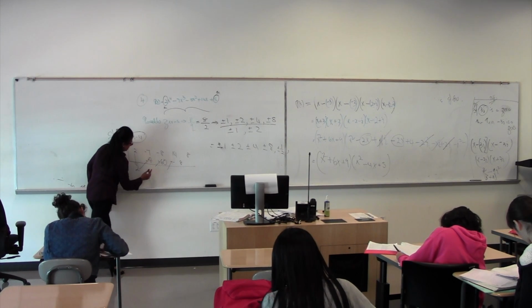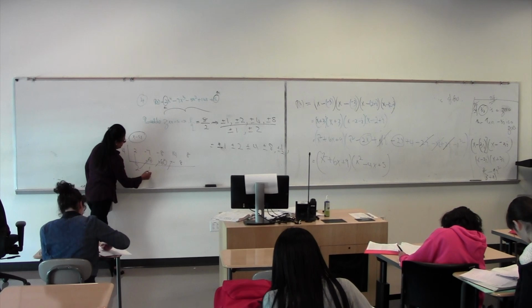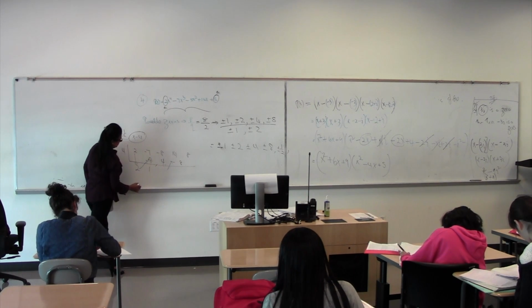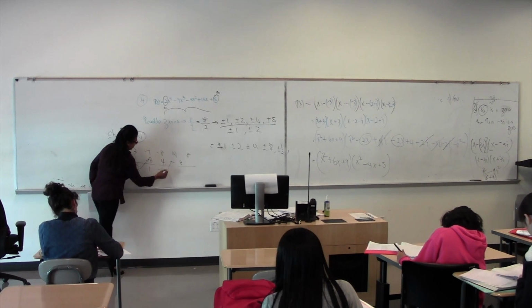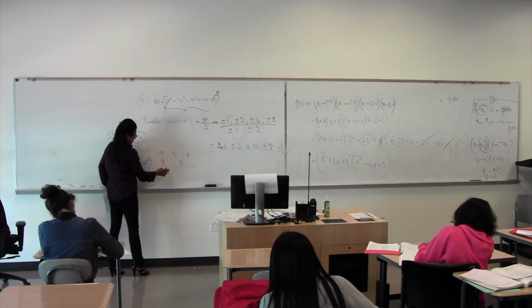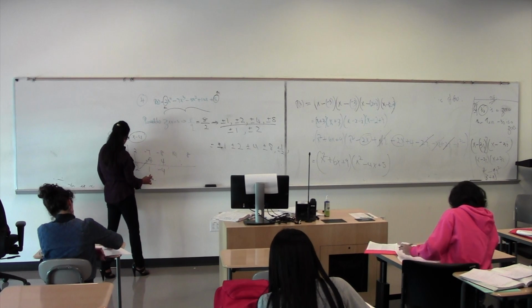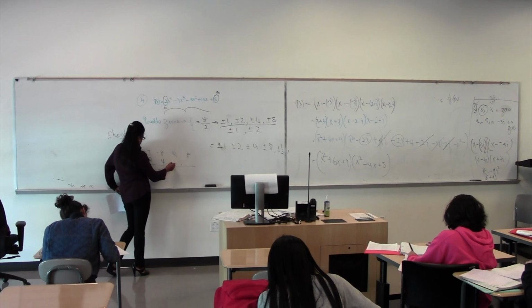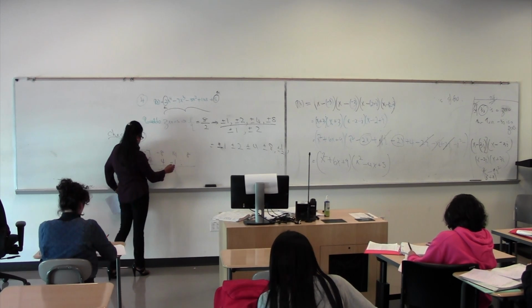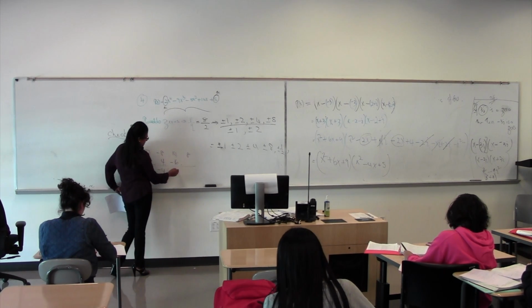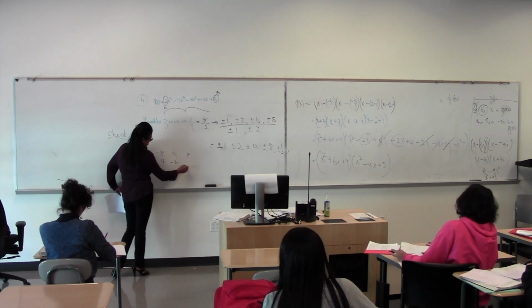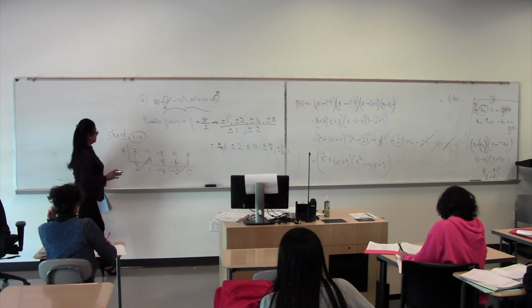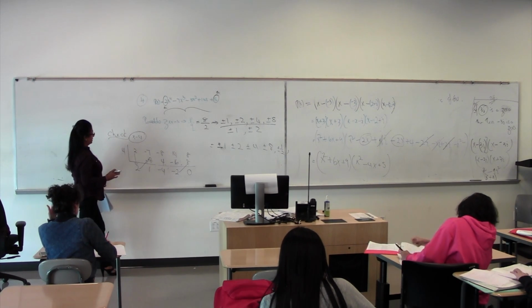What do you get here? 1. This is 4. Negative 4. Yeah, you can see, we have 0. This is 0, minus 16. 4 times 4 is 16, so minus 16. Then you get negative 2 and then 8. I'm just rushing here and getting blank sometimes.